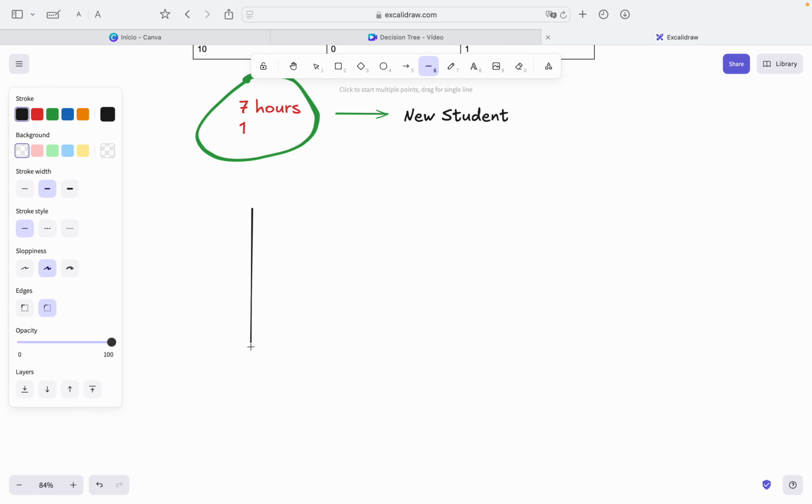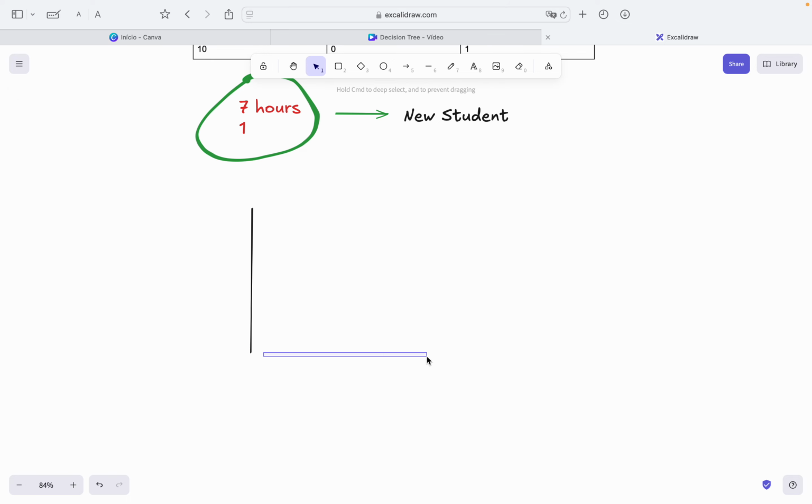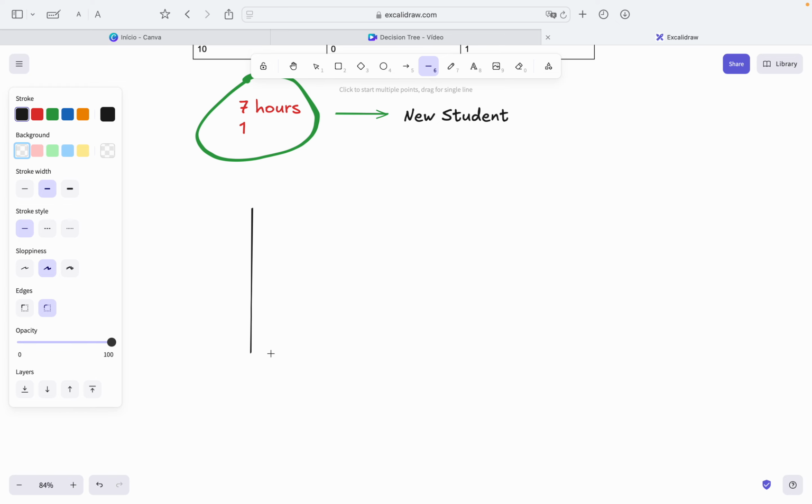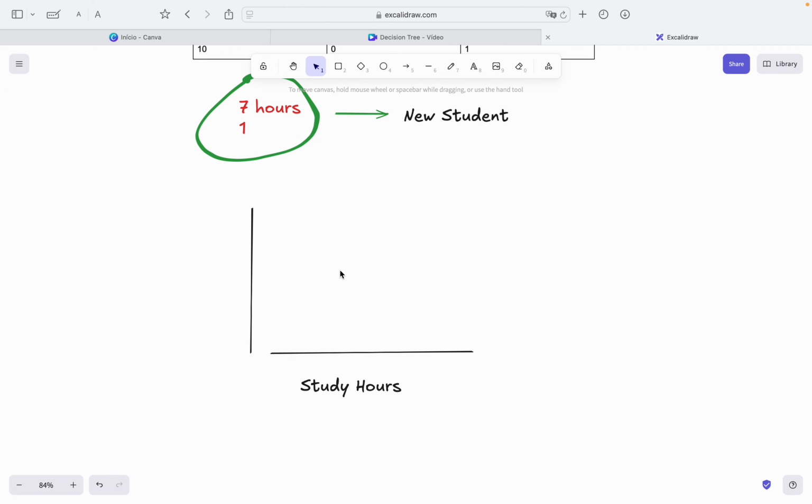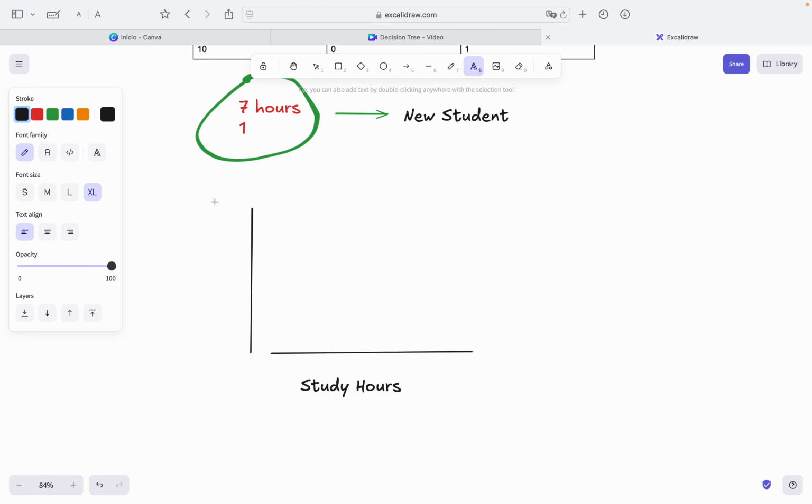So let's say this is y, and this is x. Now the x-axis is study hours and the y-axis is attendance.